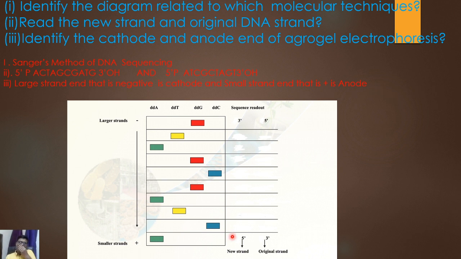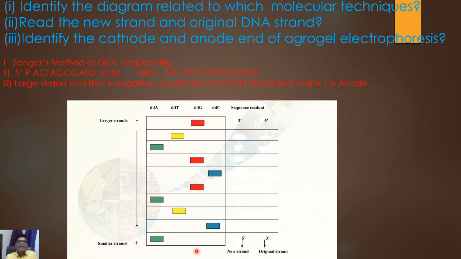If you find there are 4 lanes, ddA, ddT, ddG, ddC, never get confused. So you start from the 5' end from the bottom, and for the new strand, the original strand must be complementary to the new strand. If it is 3', it must be 5', and if it is 5', it must be 3'.